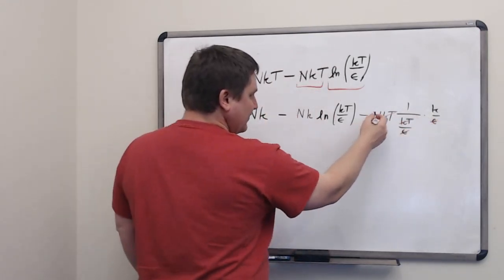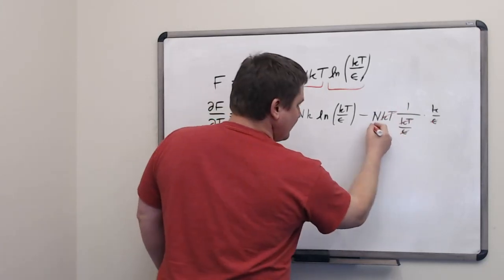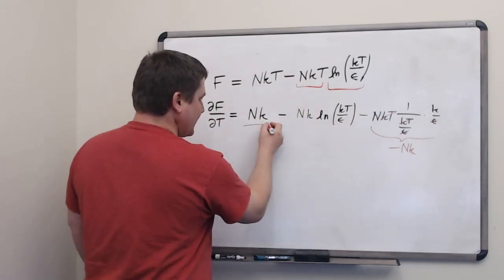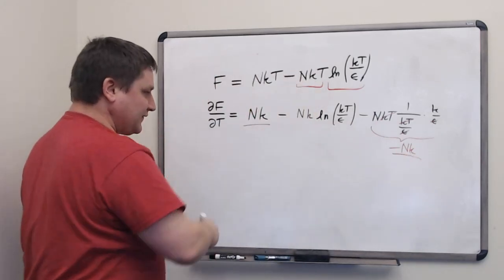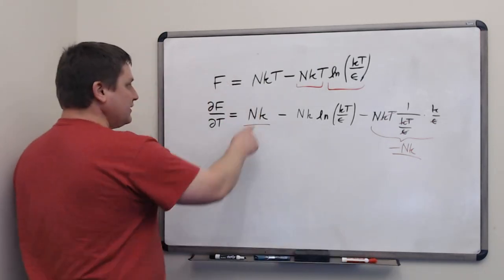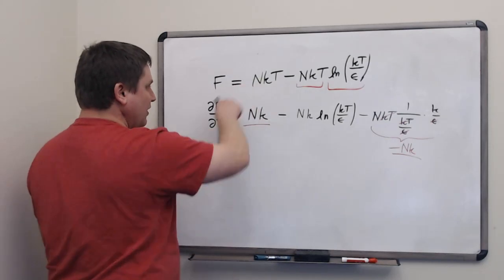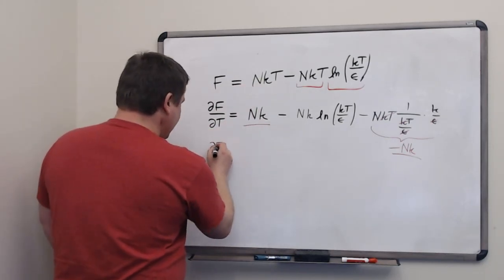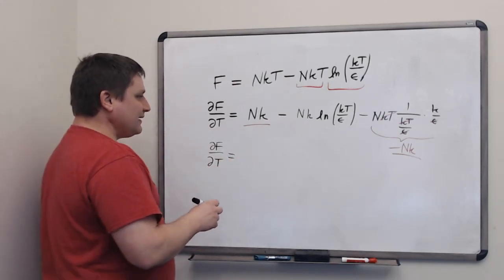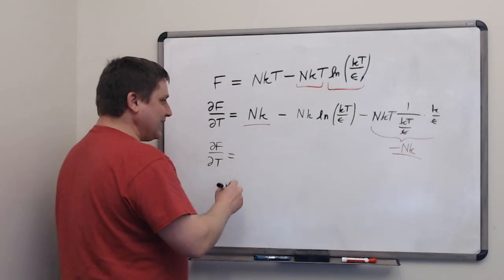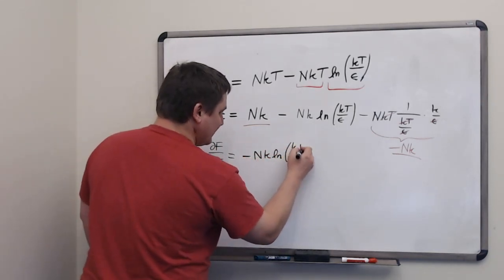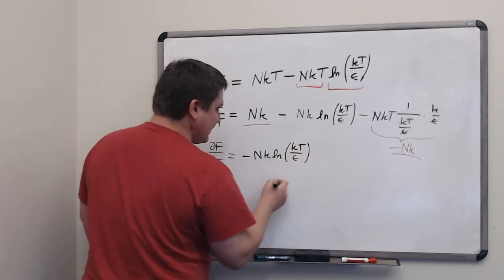So this is just going to turn into minus nk, which is going to cancel off this first term here that came from the nkT, this first part of F. So it's kind of the clever way that these potentials are set up is usually stuff will cancel out and end you up with something that's a little bit simpler after the derivatives are taken.